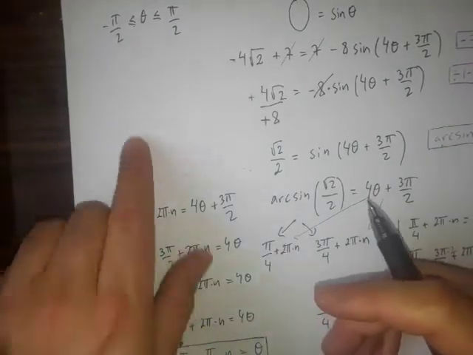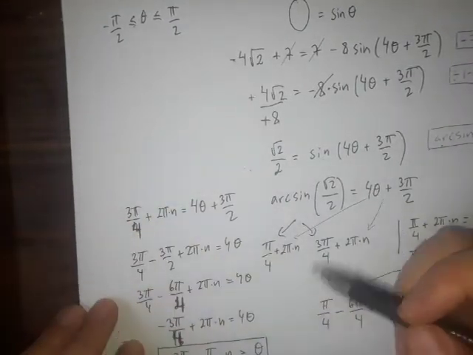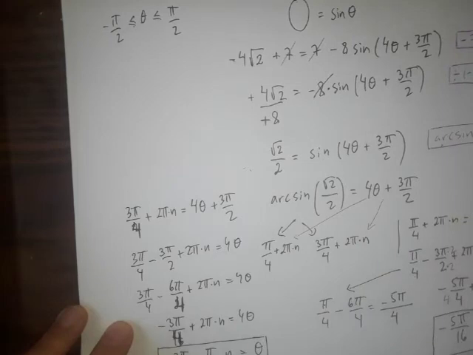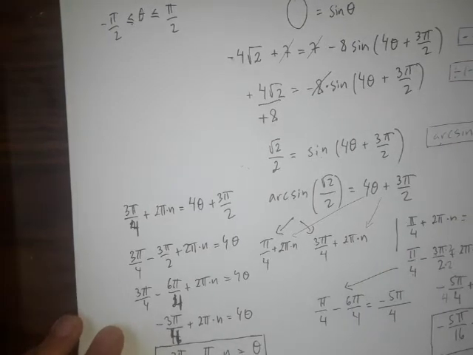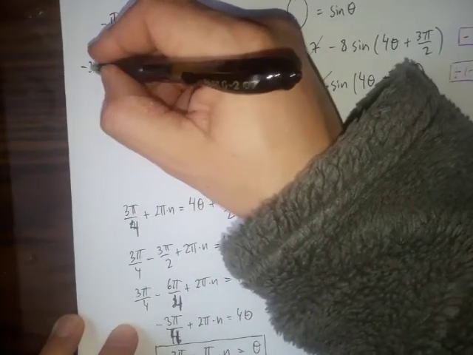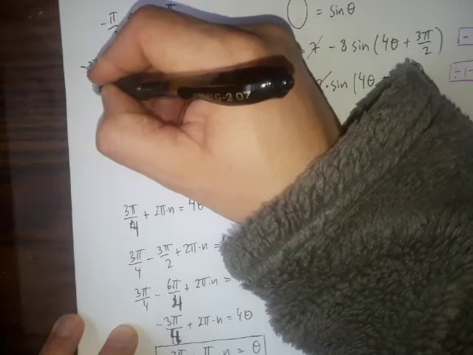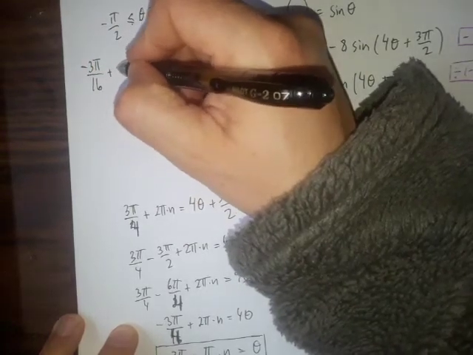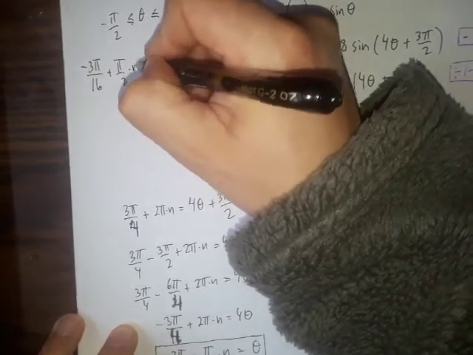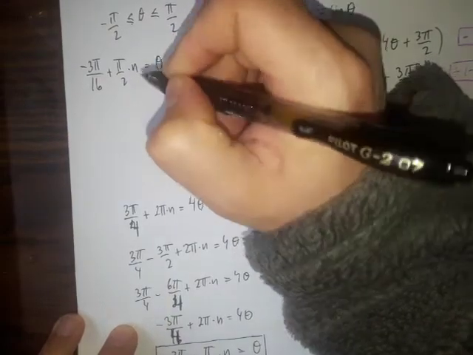Okay, so now let's think about which one we should take first. So we have negative 3 pi over 16 plus pi over 2 times n equals theta, right?